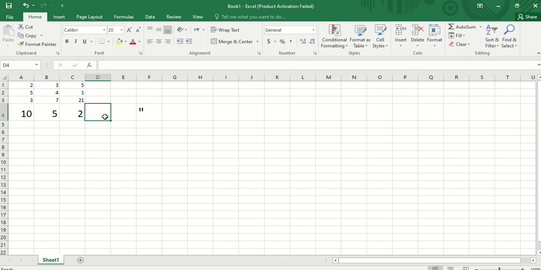Because we have to do two calculations, multiply and plus, I will write the bracket.